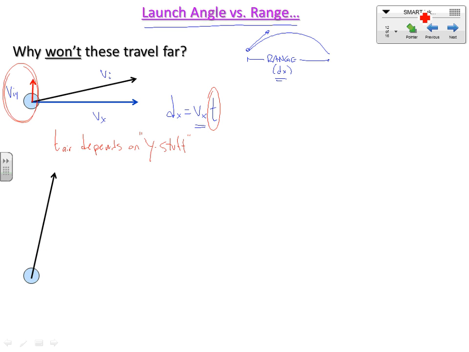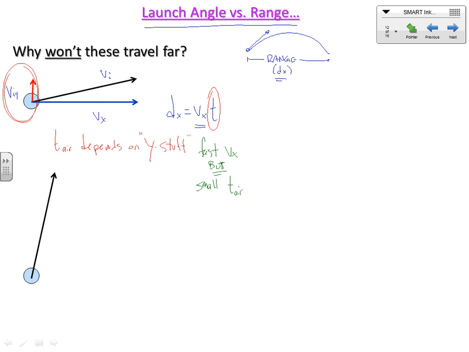So I'll say that this one up here, example 1, has a fast vx, but a small time in the air. You can go as fast as you want horizontally, but if you're not in the air very long, you can't end up going very far horizontally.